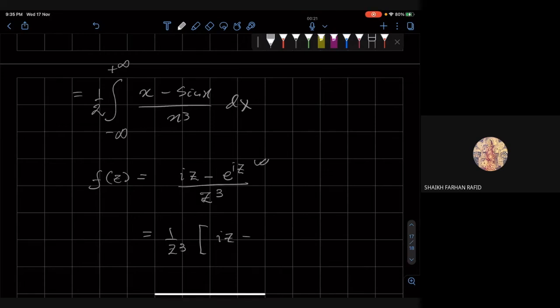This is going to be 1 minus I z plus z squared over factorial 2, and so on. So then this will cancel this.